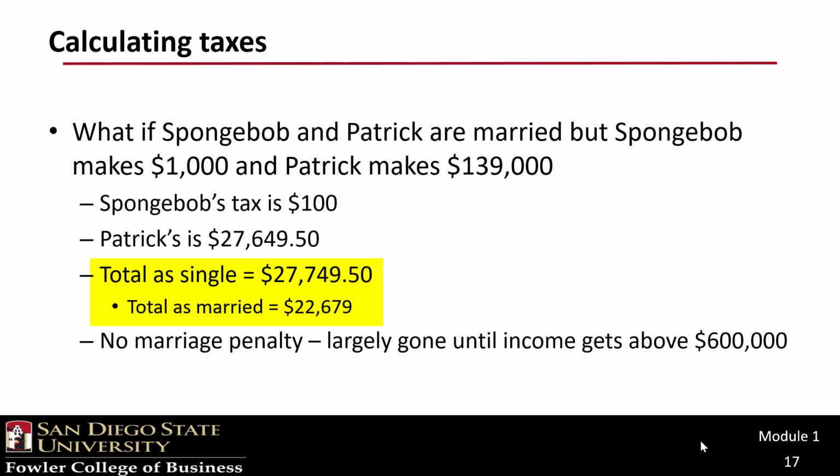But recall, for the same amount of income, if they're married, it's only $22,600. So there really is no marriage penalty anymore. This was a feature of the tax code for years and years, but with the latest round of tax reform, that's largely gone until income gets above $600,000.